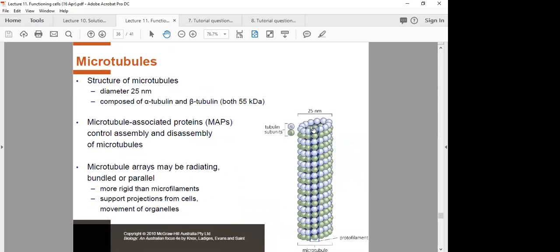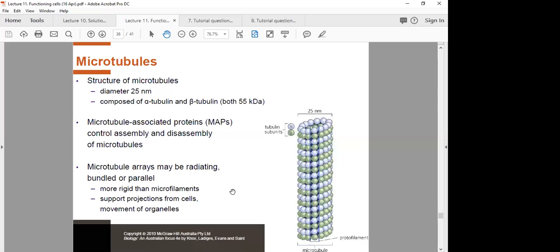We have an alpha associating with a beta, alpha, beta, and so on to form this long chain, which is called a protofilament. You don't need to remember all this. And then we have several protofilaments attaching to each other to form this tube-like structure, and this is referred to as the microtubule with the diameter of 25 nanometers.